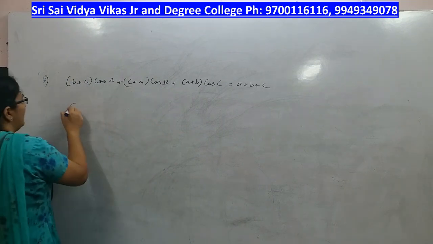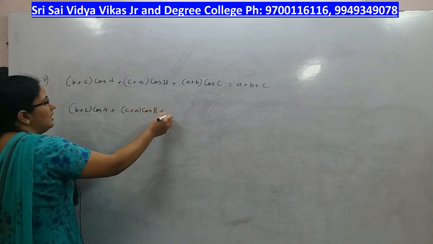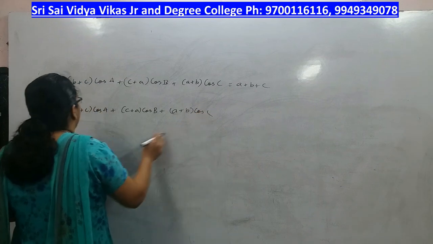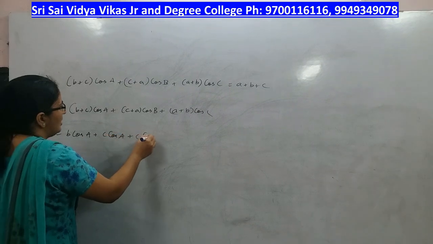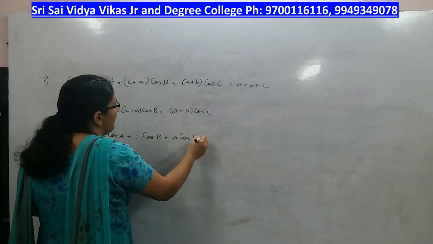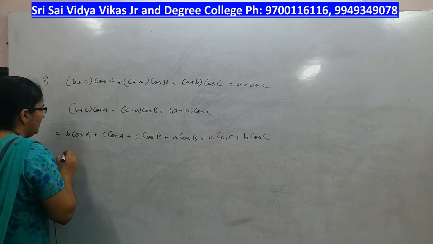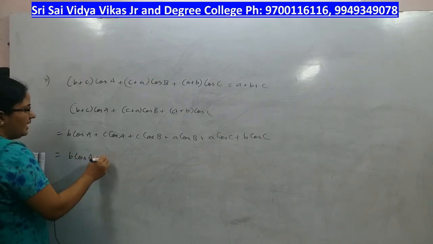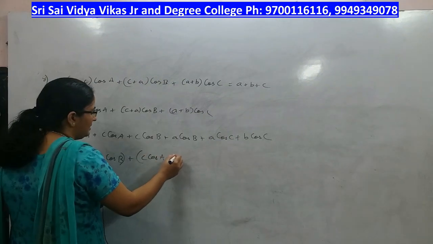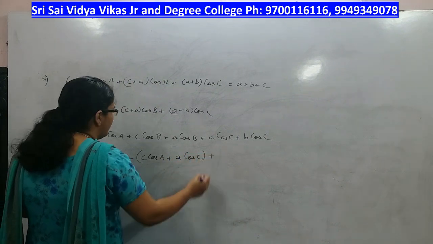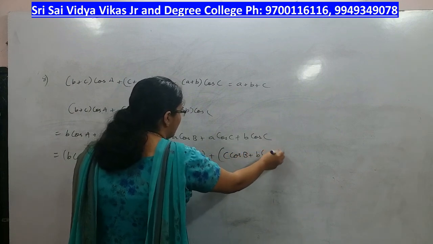Now (b plus c) cos A, (c plus a) cos B, (a plus b) cos C. This can be written as b cos A plus c cos A, c cos B plus a cos B, a cos C plus b cos C. b cos A plus a cos B is one set. c cos A plus a cos C is one set. c cos B plus b cos C is another set.